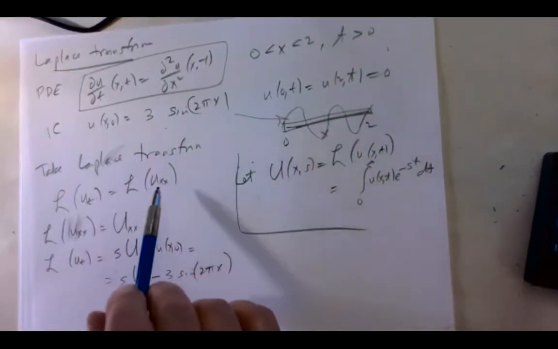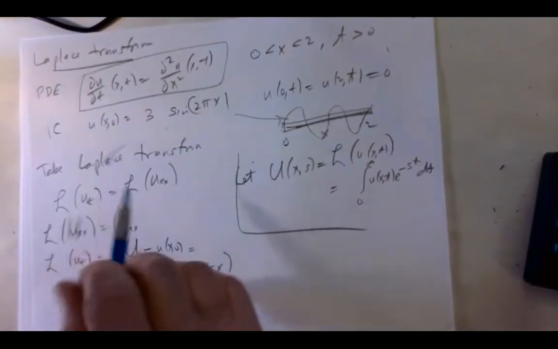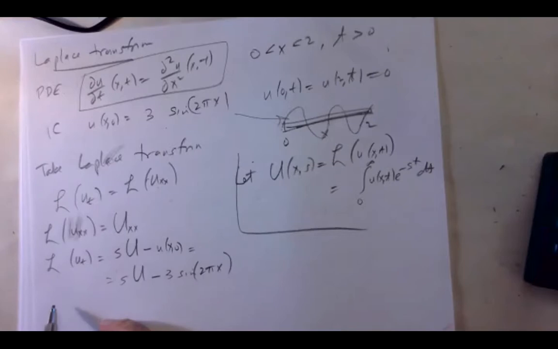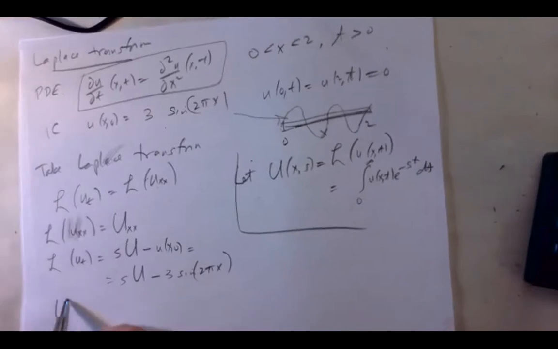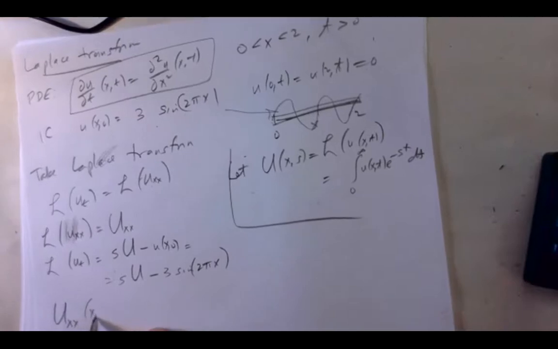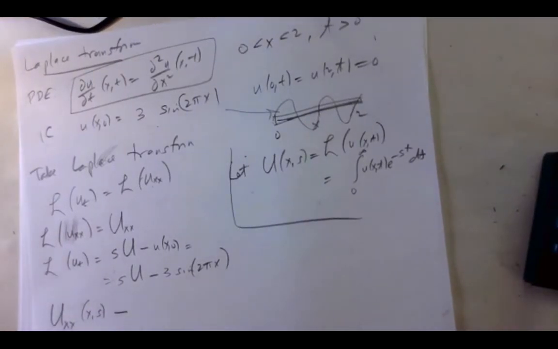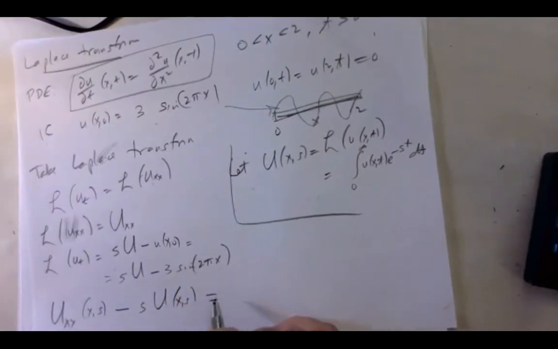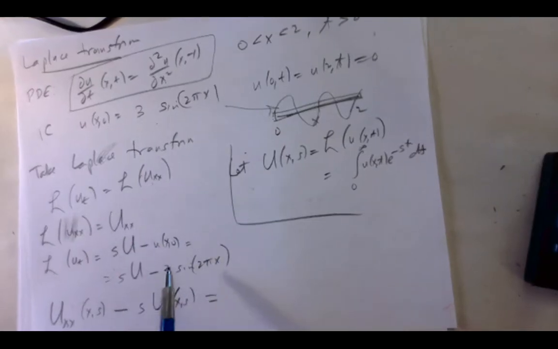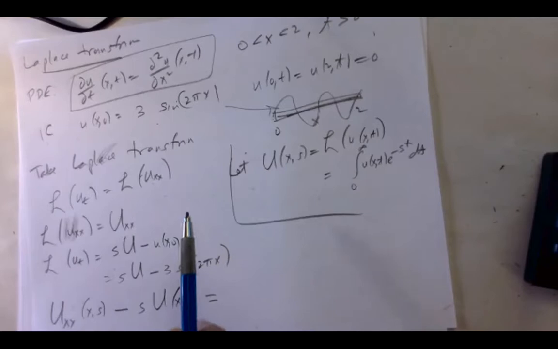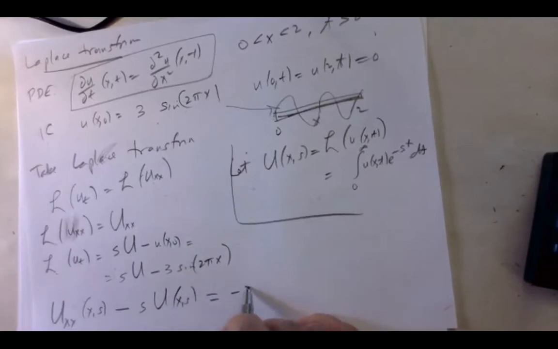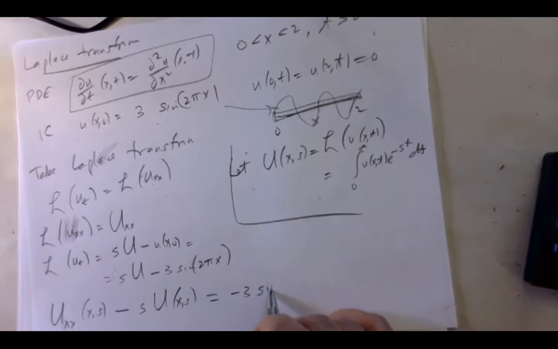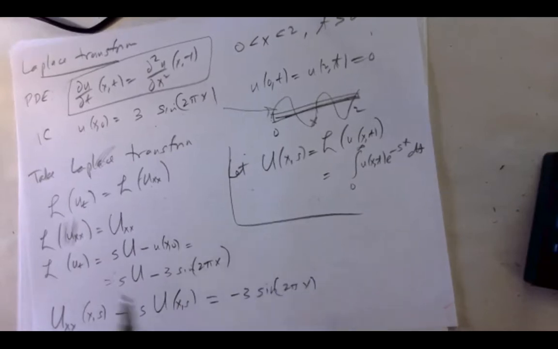So this equation says, let me just say it's like this minus this. So the second derivative of U minus sU of x, s equals minus 3 sine of 2 pi x.